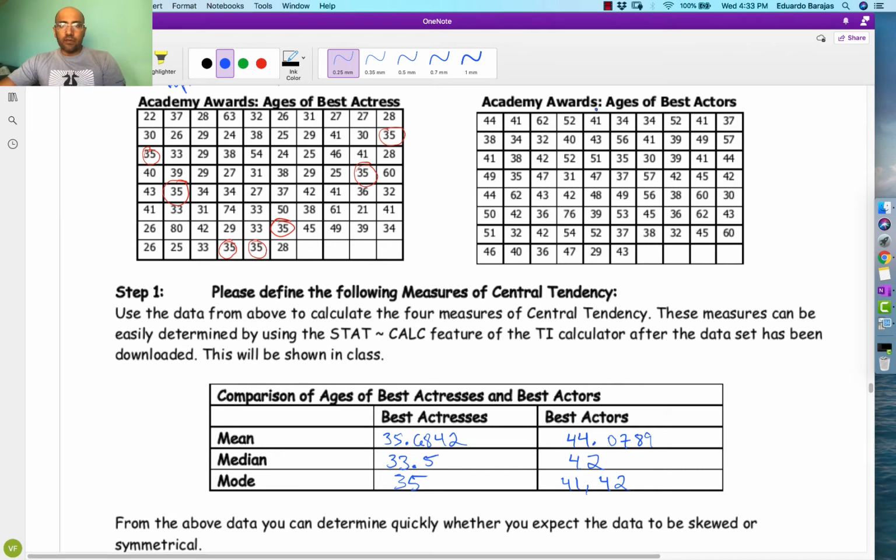41s, let's see, this one's 41, 41, 41, 41, 41. There's one more 41.